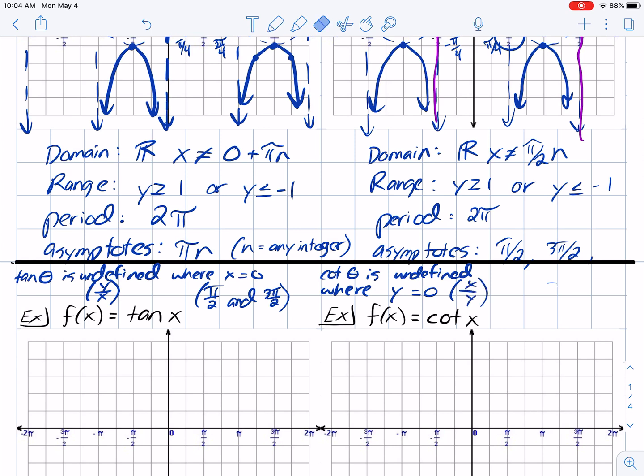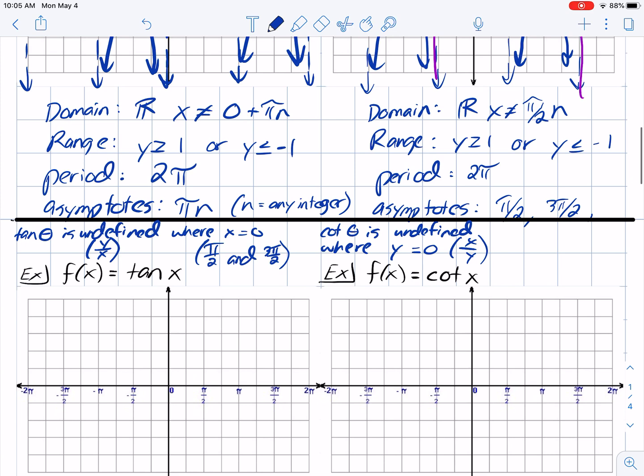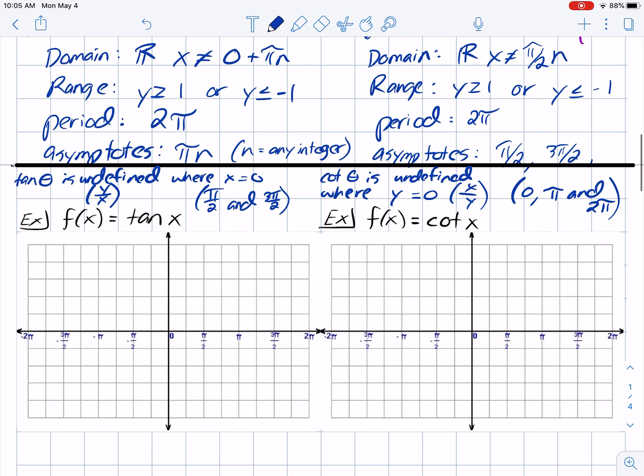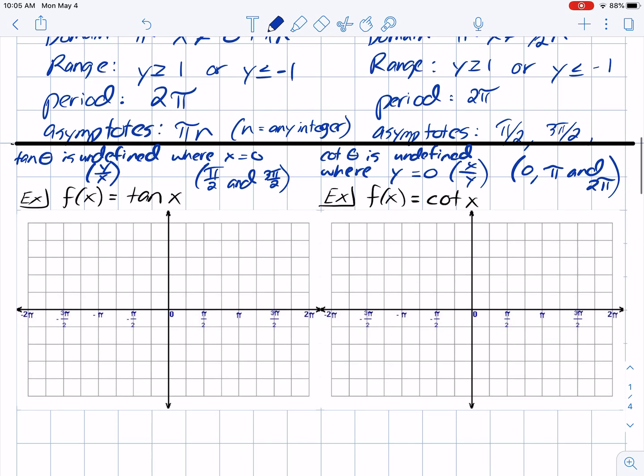We have a couple places where y equals 0 on our unit circle. That would be at 0, pi, and 2 pi. So hopefully you notice these asymptotes are similar to the functions that we graphed up above. That's why we're doing all of these last 4 trig functions today in the same lesson, okay?